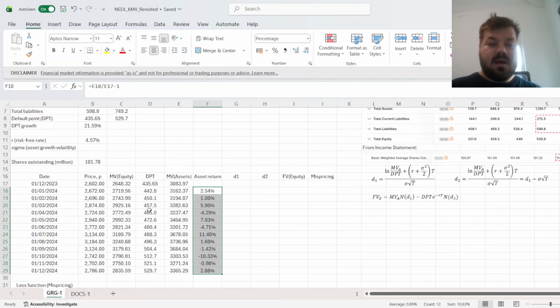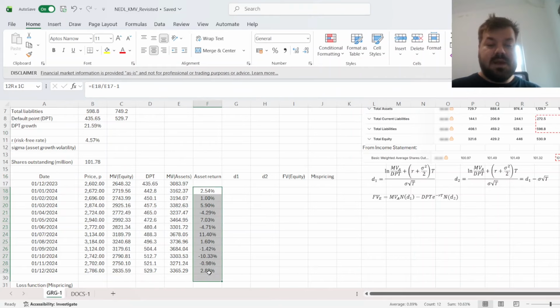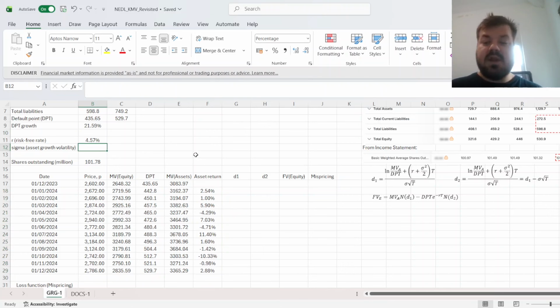And that, using market values of equity and book values of debt, essentially extrapolates what the change of market value of assets is across our sample months, which is the key input for the calculation of sigma, or asset growth volatility.